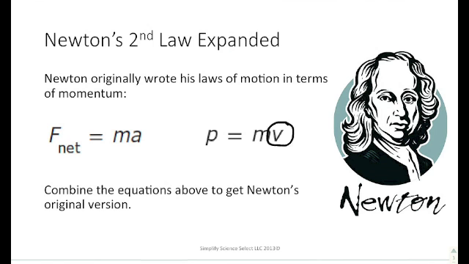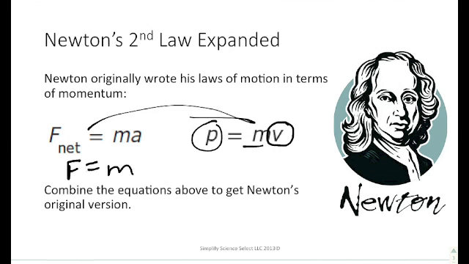V and P and M, there's a lot of similarities that go on here. So we want to do something a little bit different. If you look at F net equals M A, remember, A is actually the change in velocity over the change in time. That's the definition of acceleration.